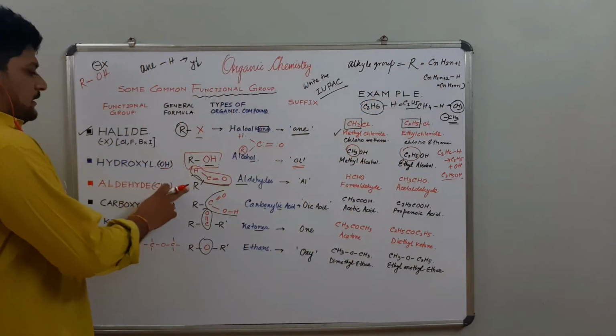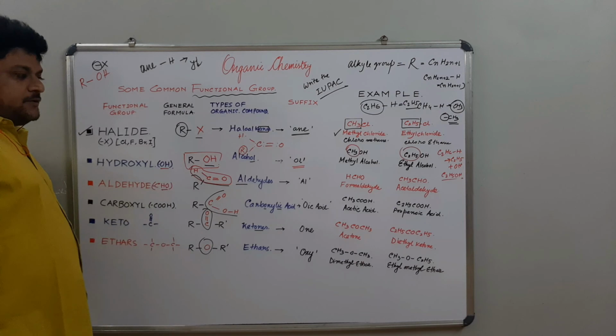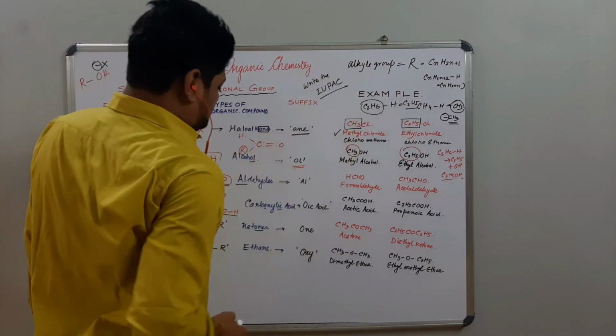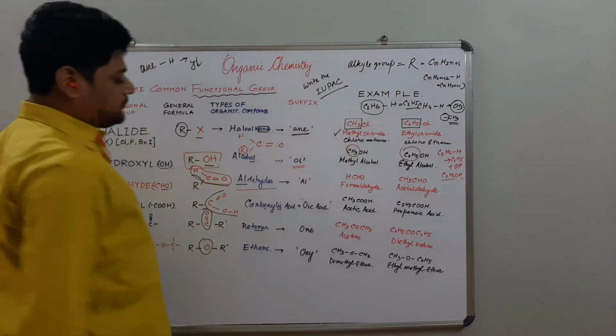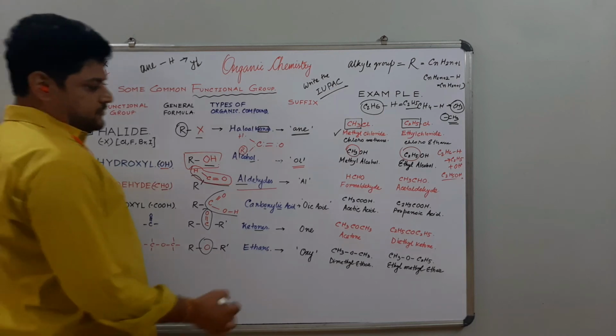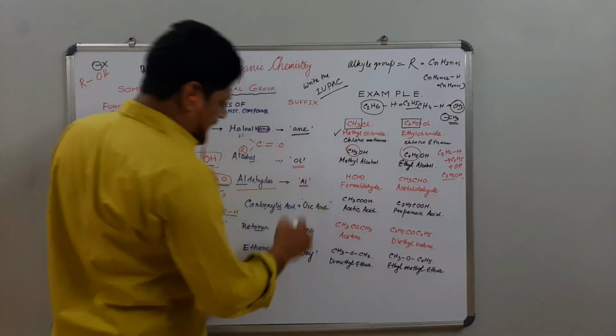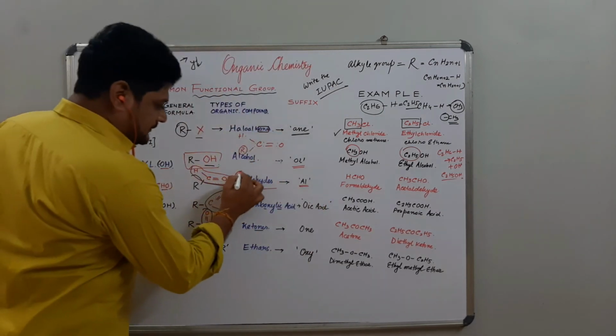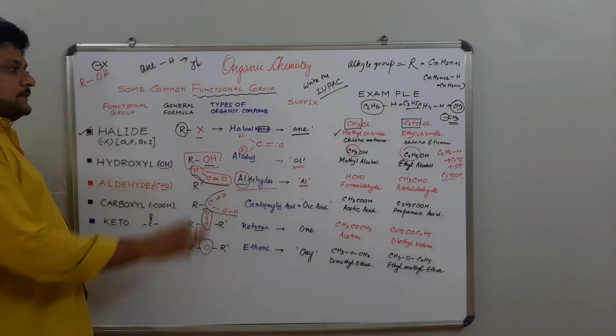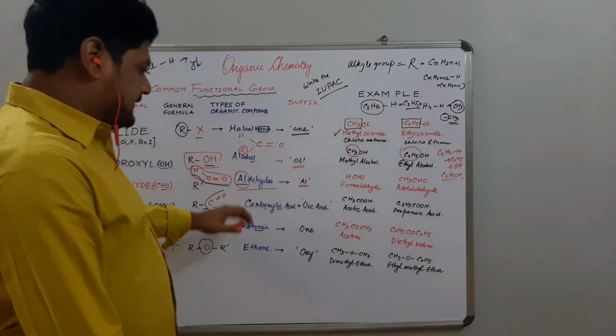So when CHO is present with any alkyl group, then it becomes aldehyde. The suffix we use when we write the IUPAC name is AL. AL is the first two letters of this type of organic compound, the aldehyde.